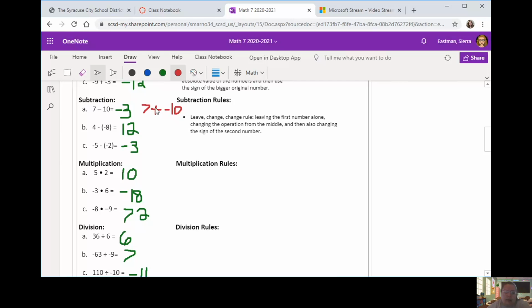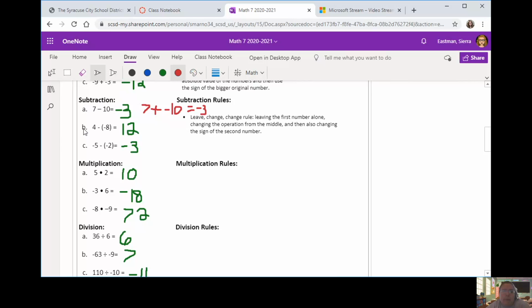And now that we have this written as addition, we could go back up to these addition rules. They're two different signs, so we're taking the numbers themselves and subtracting. Okay, we have a 7 and a 10. That means there are 3 numbers in between them. And then you're looking at the bigger number to tell you whether it is positive or negative.